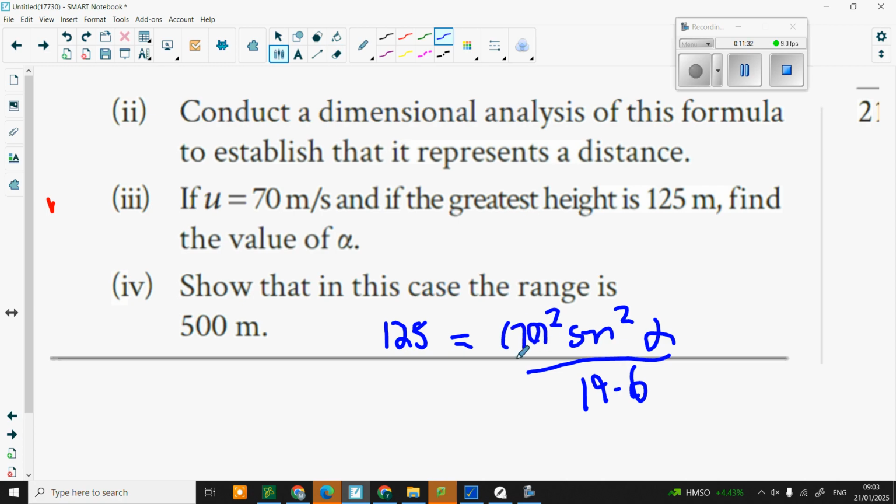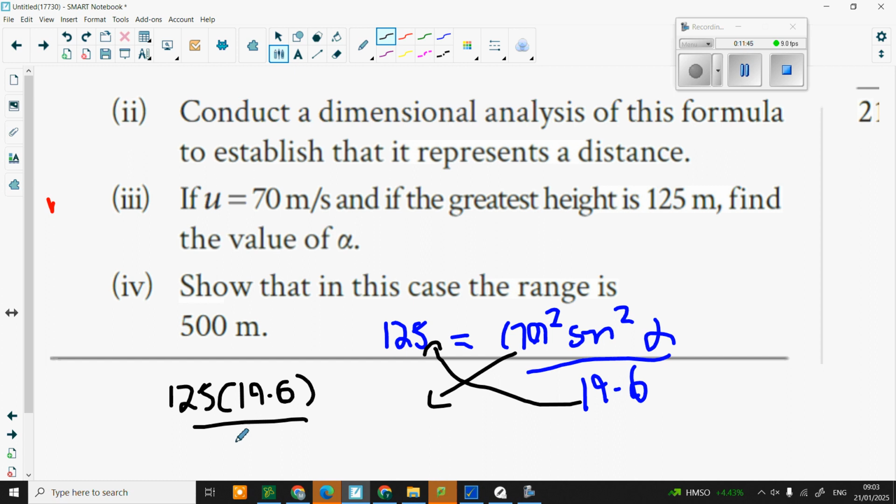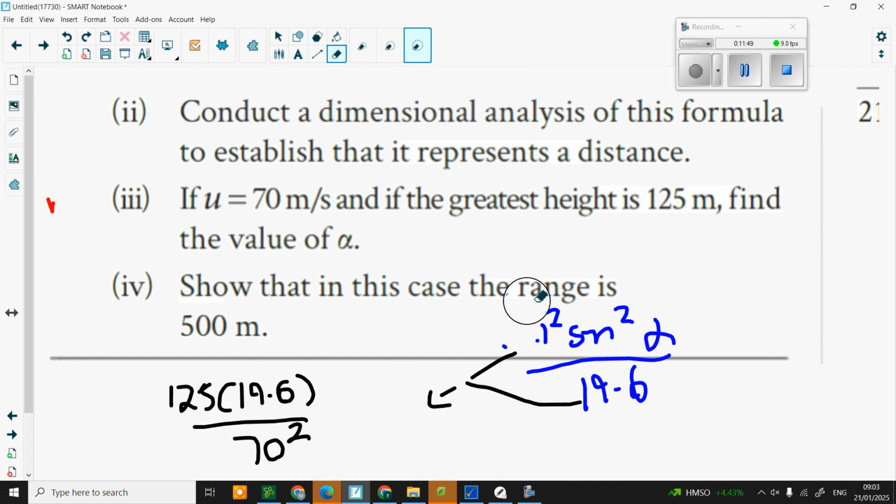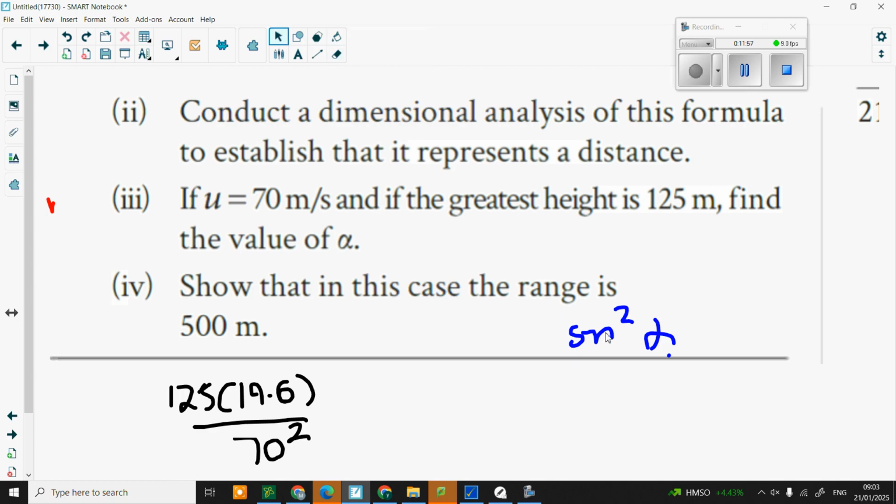Okay, here's what I want you to do for me. I want you to get that 125. I want you to multiply it by 19.6, because the 19.6 is going to go up to it. The 70 squared is going to go below it. And then just tell me what you get for that. 19.6 went up to the 125.